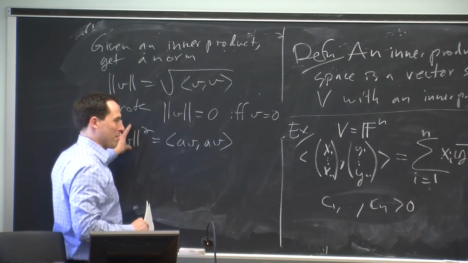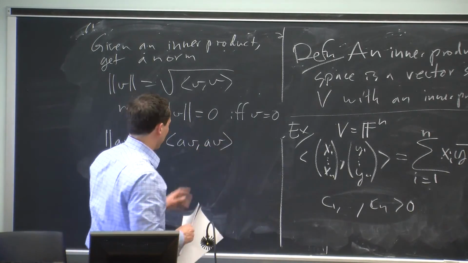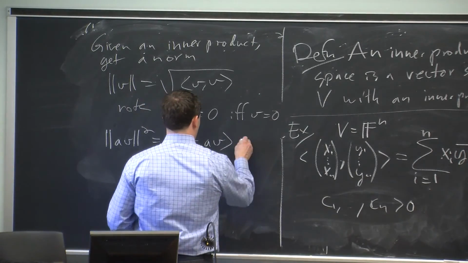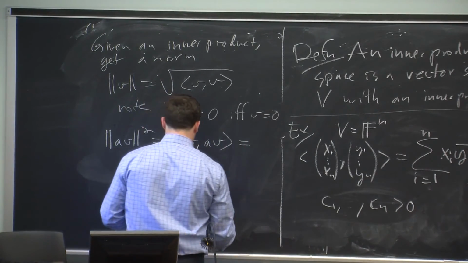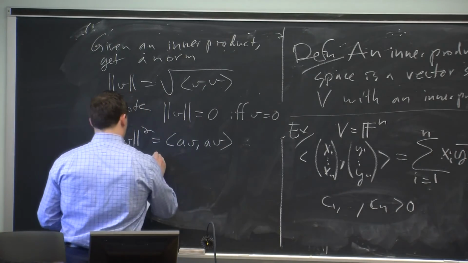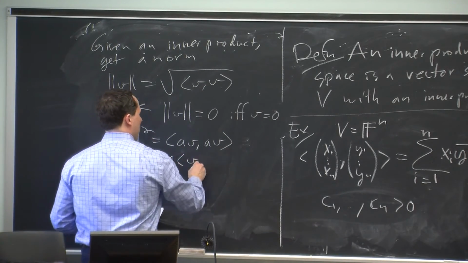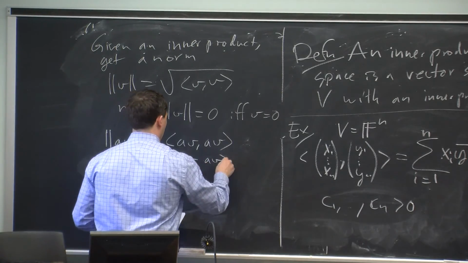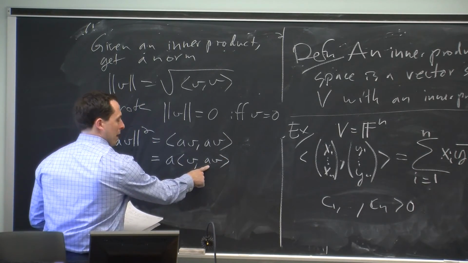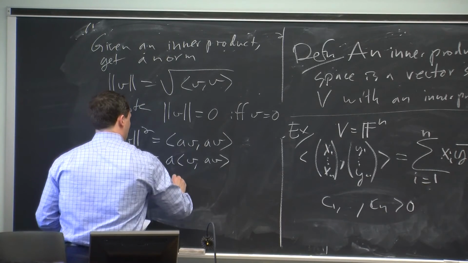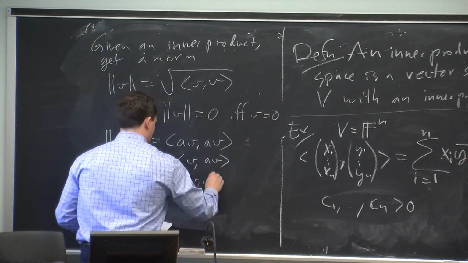So if you're trying to prove something about a norm, almost always what you need to do is expand it and then manipulate that using linearity and the other properties. So this is equal to pulling out the first A by homogeneity. And then the second one I can pull out, but I have to take the conjugate, A bar, VV.